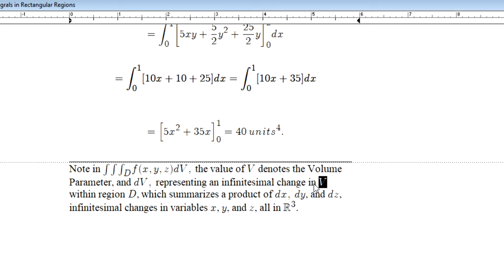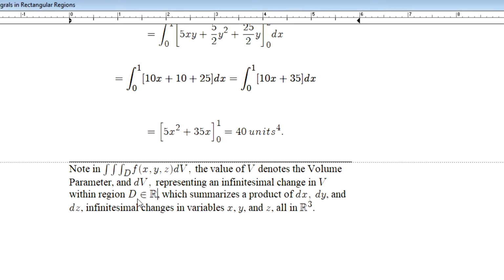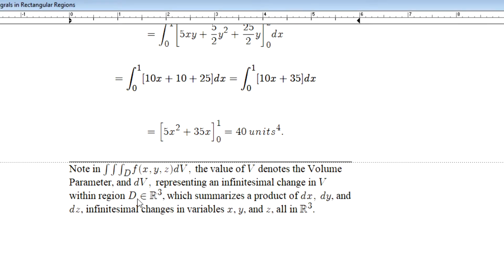We are integrating over very small changes in volume here, which happens within region D, this three-dimensional solid of space, contained in three-dimensional space. Which really does summarize what we think of as the product of dx with dy with dz.